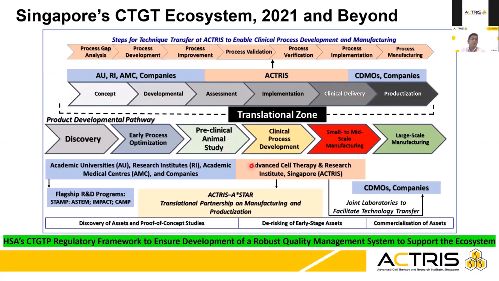Organizations like ourselves and A-STAR, BTI come together to bridge the translation gap, bringing a product from the preclinical animal stage to small and mid-scale manufacturing that supports early phase clinical trials, which are so critical in generating safety and efficacy data. These products then have to move on to large-scale manufacturing once approved by regulatory authorities, again for global distribution.